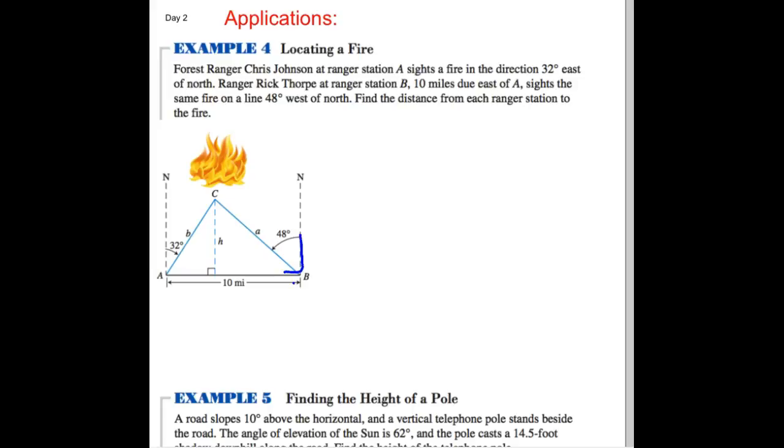That's 90 degrees because it's due north, due east, right? That's a 90-degree angle. So if we've used up 48 degrees, what's left for angle B? Okay. And on the other side, we used up 32 degrees. What's left? Okay. Does that make sense?